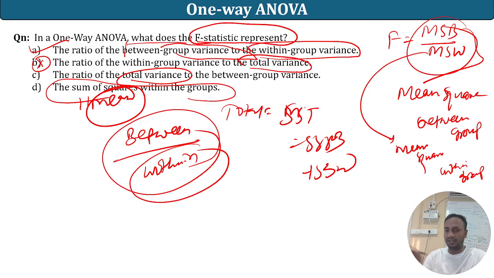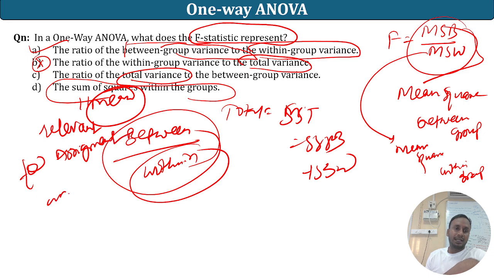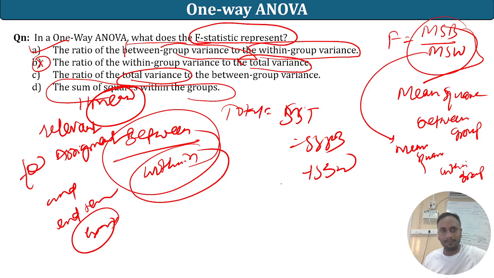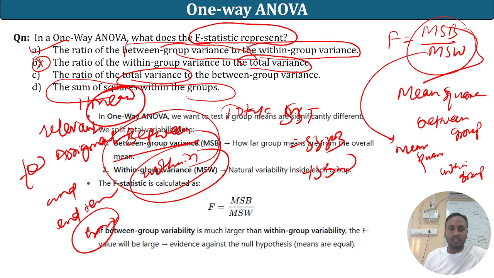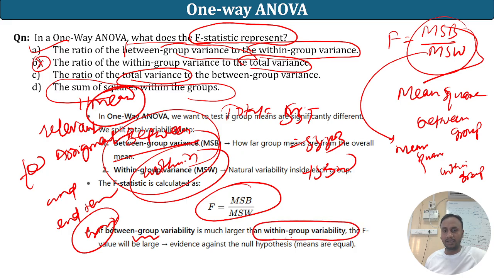The 10 to 12 questions I give at the end of every live session are relevant to your assignment and end-sem exam, not exactly, but similar type of questions will be there. So one-way ANOVA is actually MSB by MSW: between-group variability over within-group variability.